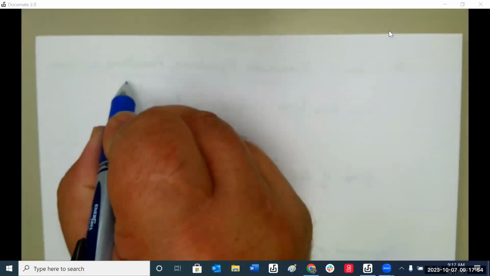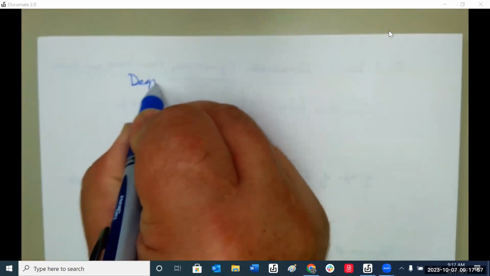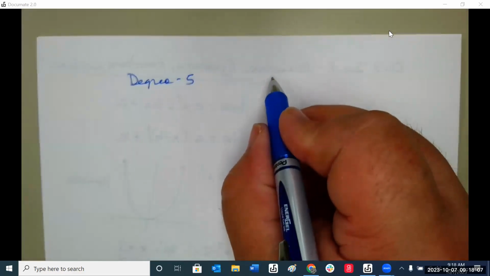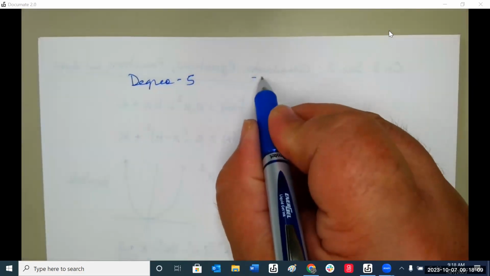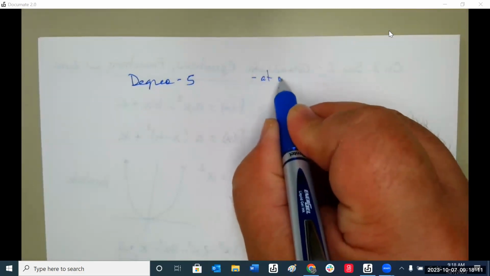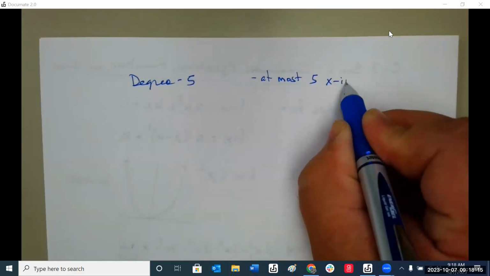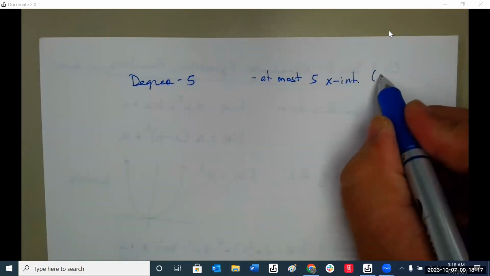So for our example, if our degree was 5, it tells us we're going to have at most 5 x-intercepts, which are solutions.